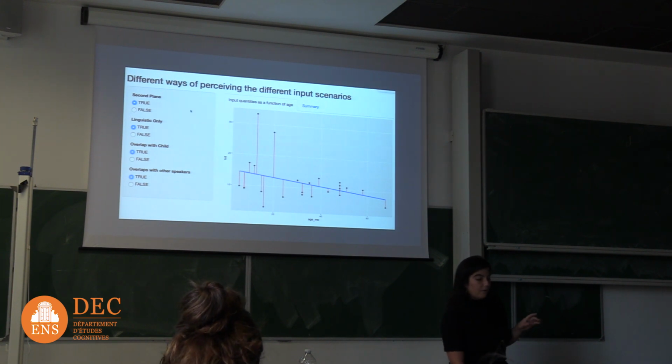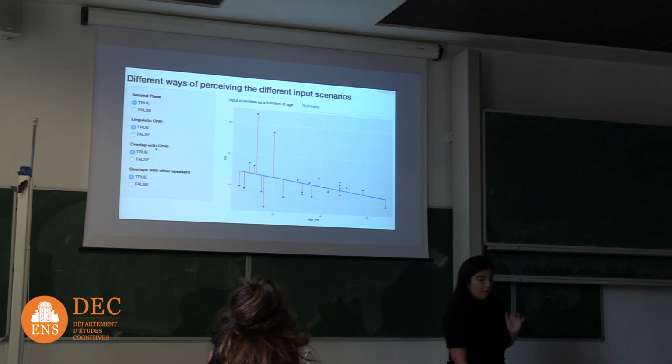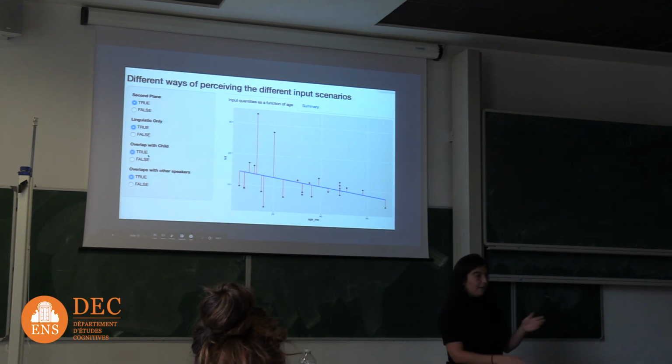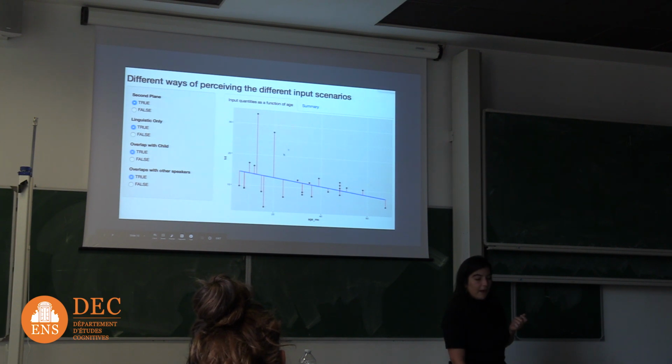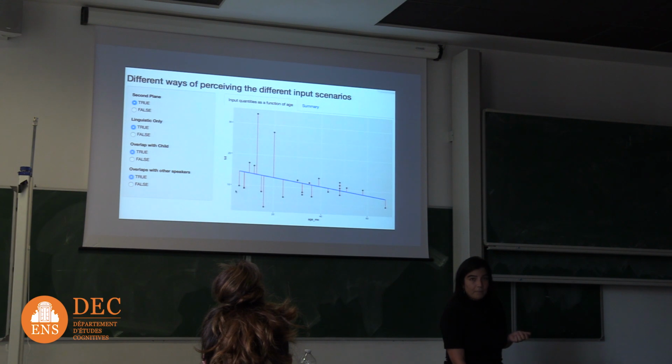I created this Shiny app in which I allow you to say if you think that input considers second plane conversations, linguistic conversations, and you can play along and have the 16 possible combinations and see how it affects the total amount of input that exists overall in your data.